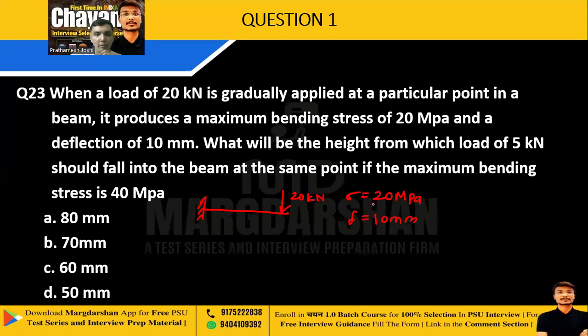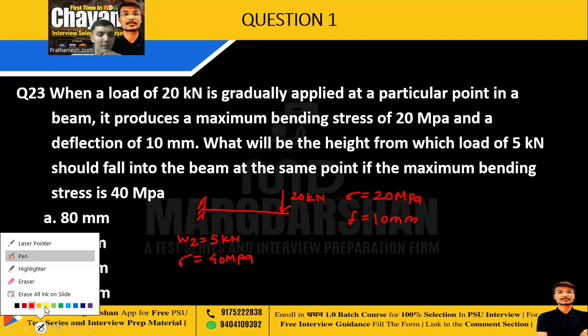What will be the height from which a load of 5 kilonewton, so W2 is equal to 5 kilonewton, should fall onto the beam at the same point if the maximum bending stress, sigma max, is 40, sorry, 40 MPa.